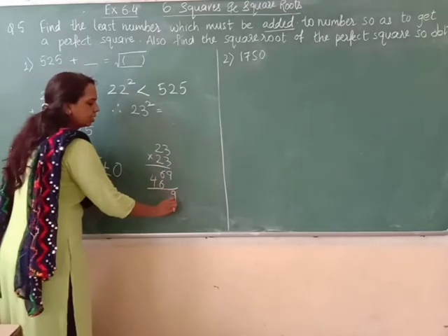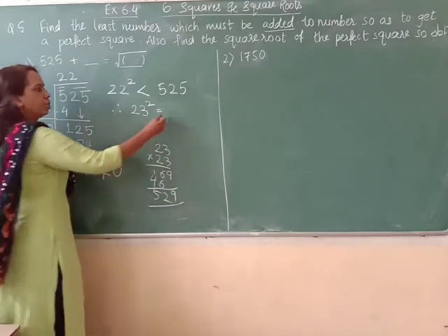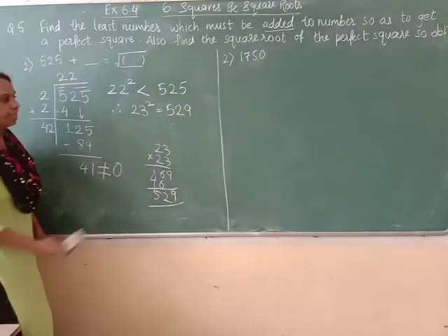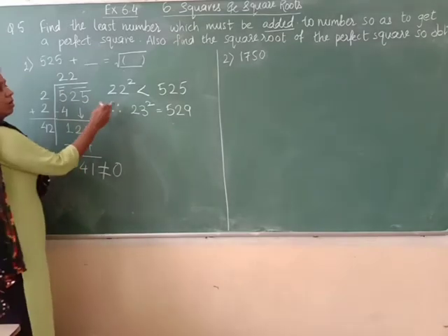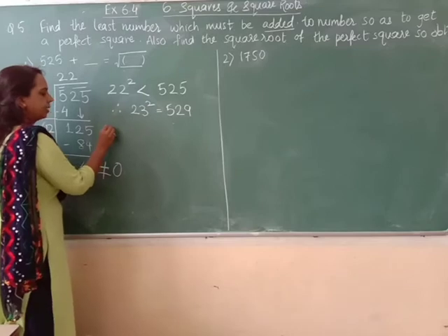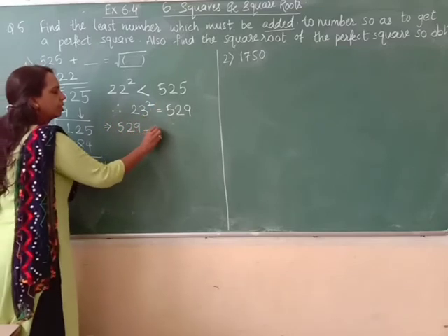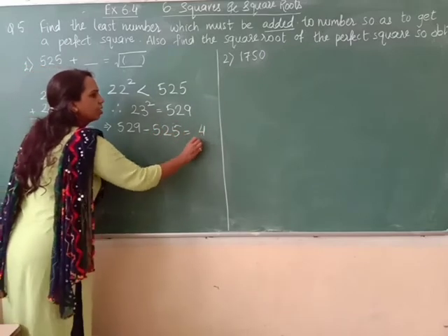So it is 529. Next step: already we have taken one more than 22, so subtract 525 from 529. We get 4.